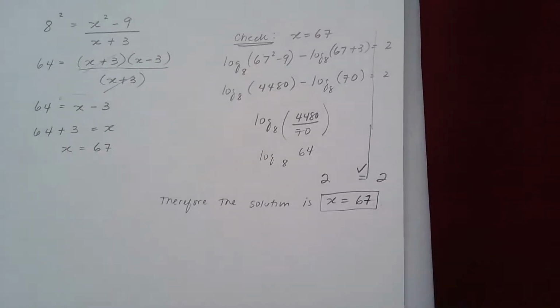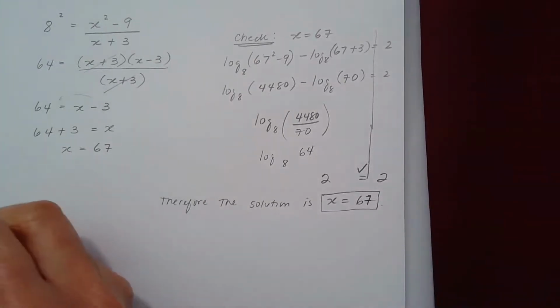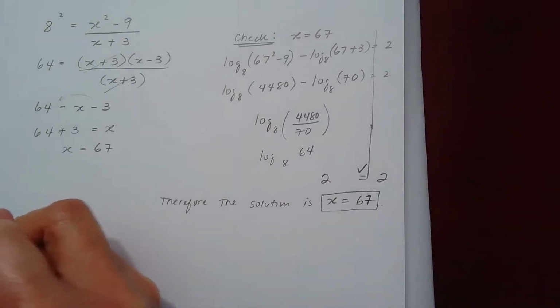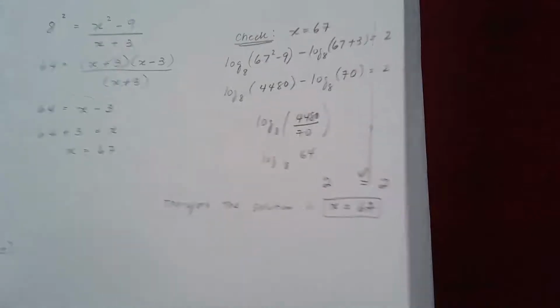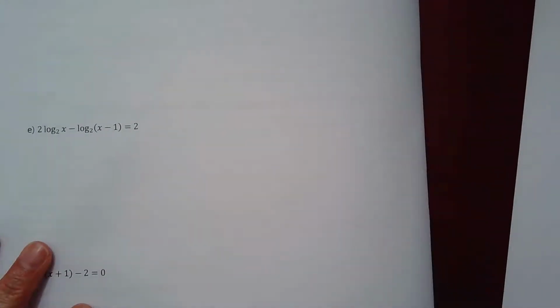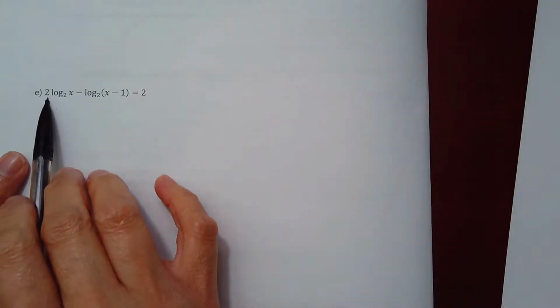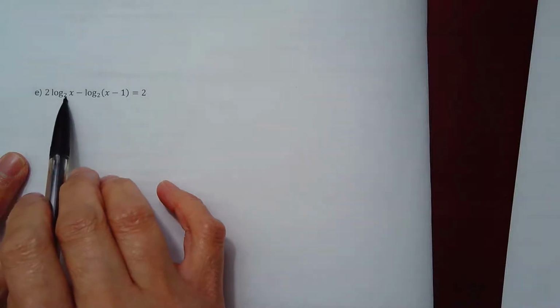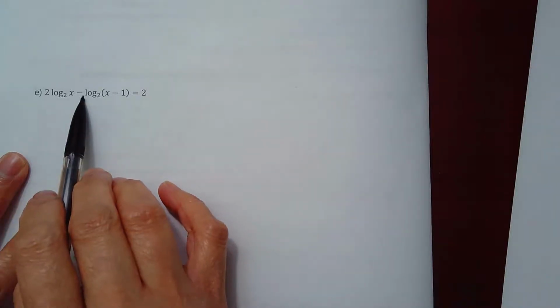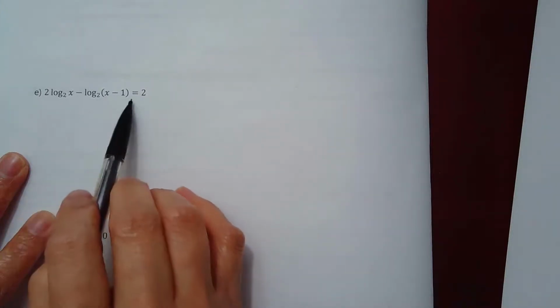Okay, now let's take a look at example letter E. Let's see here. 2 times log of x base 2 minus log of x minus 1 base 2 equals 2.